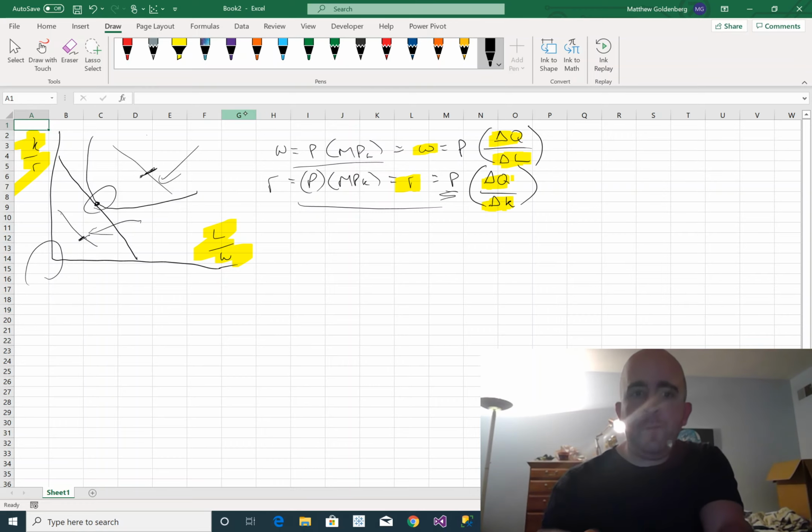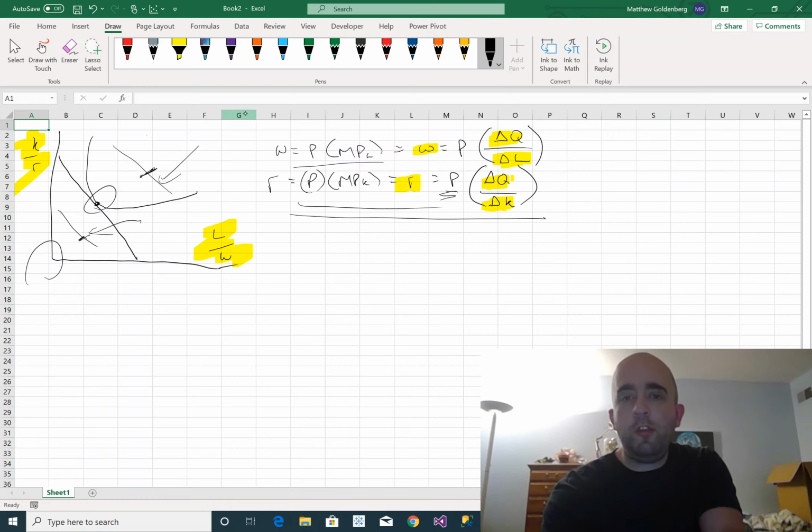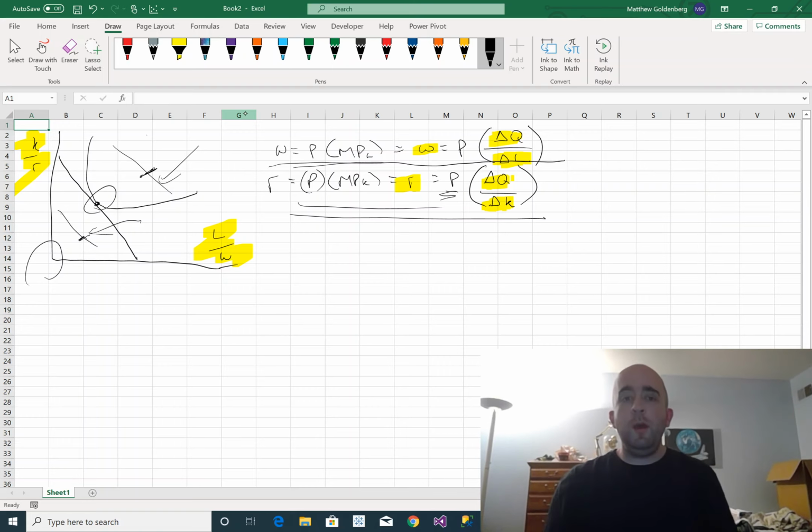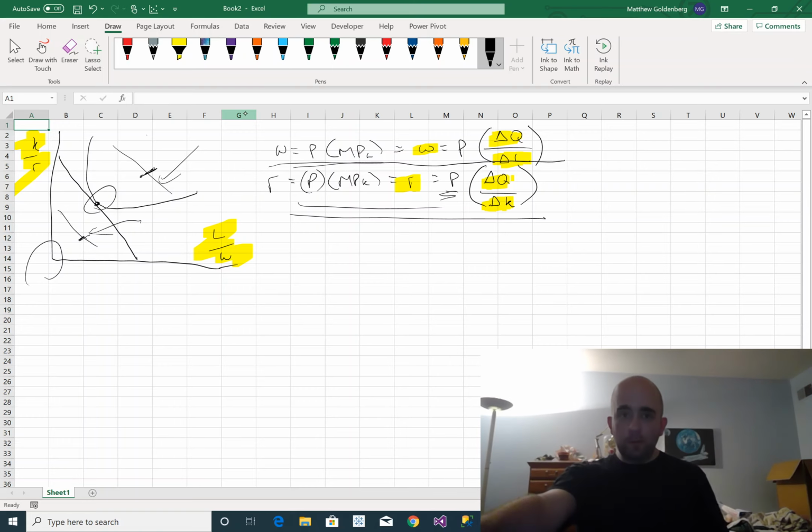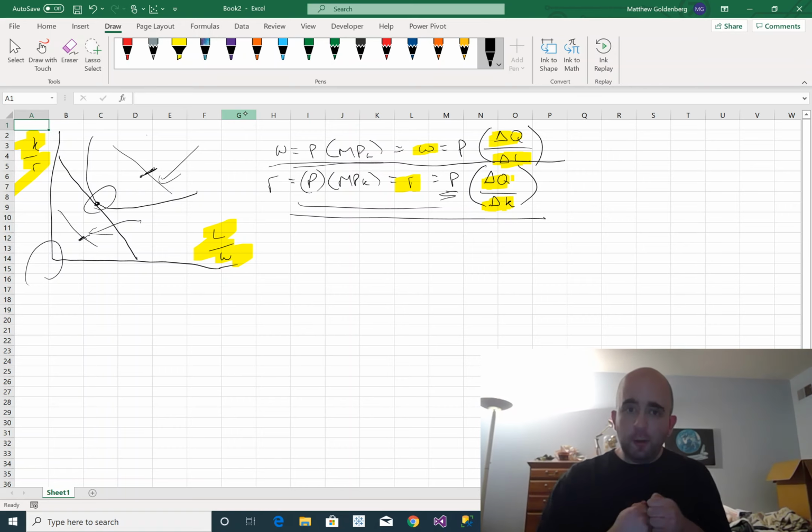What we find is that we want this relationship to hold true. If we're buying another unit of capital, we want the value of that additional unit of capital to equal what we're paying for it. If we're hiring another unit of labor, we want the wage we're paying to equal the value that labor brings.